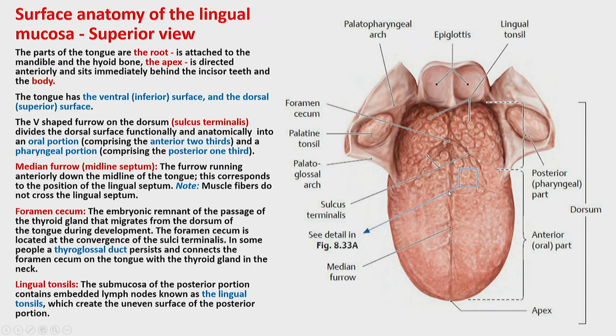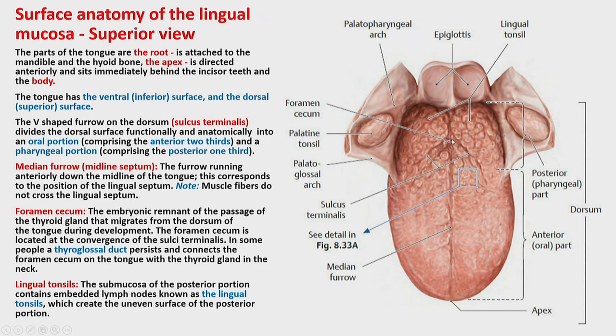If you continue deep from this groove, it continues as a midline septum, which is connective tissue that separates the tongue totally into the right and left sides. So the muscular fibers are not crossing over the tongue. The median septum divides the tongue into right and left, with no fibers or only very minimal small fibers penetrating this septum.